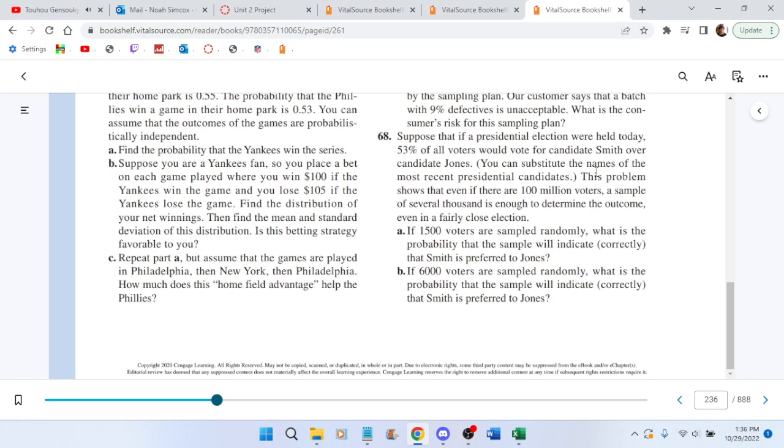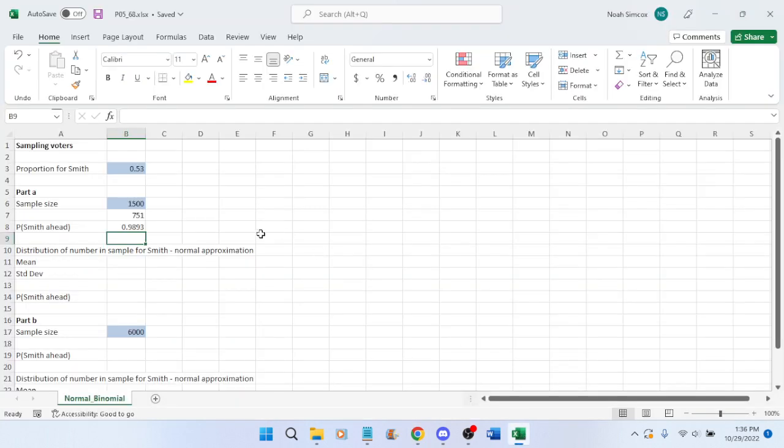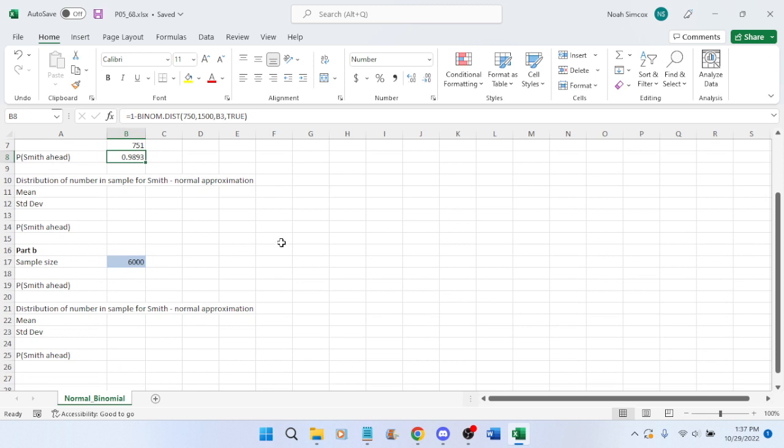You know what I hate about this question? They say preferred over Jones. Smith is preferred to Jones. Does that mean it's over 50%? Like literally I'm getting 98% here. Like what the heck? I bet they're gonna be stupid and be like, no, you're supposed to use 53%.